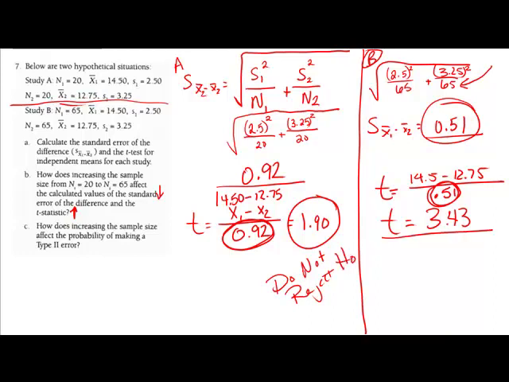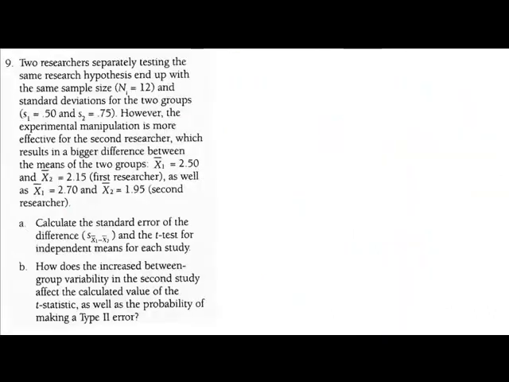But with a t of 3.43, we should have rejected the null hypothesis. So this is an example of a type 2 error. Increasing the sample size decreases the probability of making a type 2 error. That's what we want.